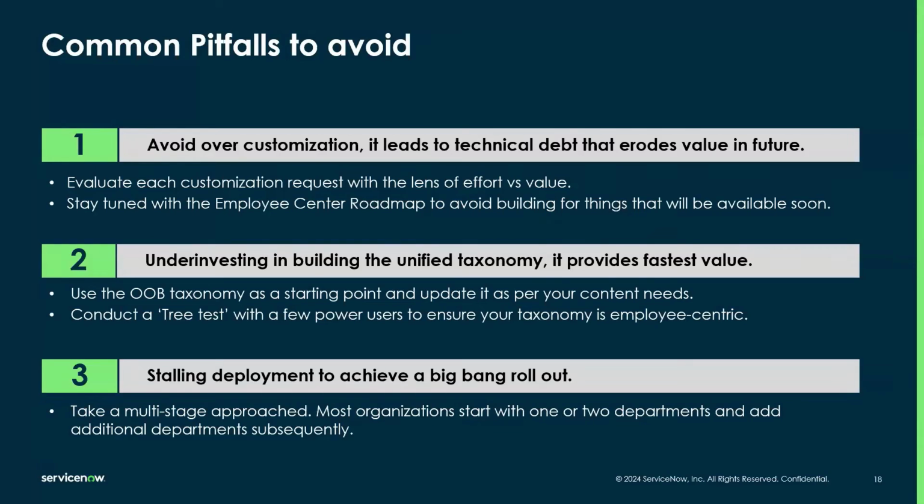What we recommend is that you take that out-of-box taxonomy, modify it based on your content needs, and then conduct a tree test with a few power users to ensure that your taxonomy is employee-centric, which means that these users are able to find where they would need to go to serve their most commonly used use cases.